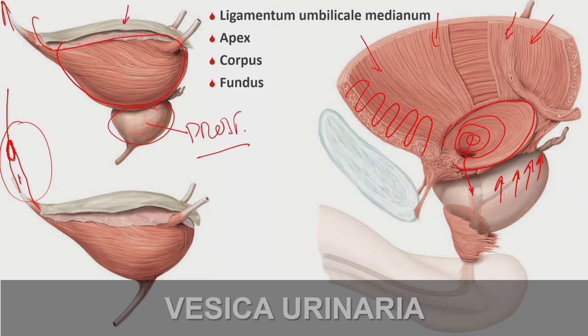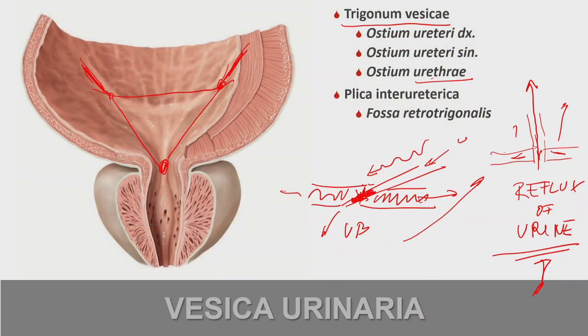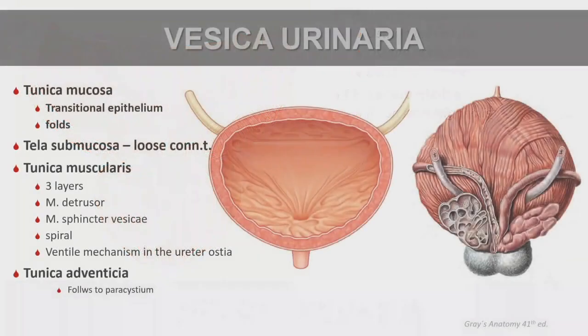Preperitoneal space is here, and on the surface of the urinary bladder we can see adventitia and then paracystium, and over paracystium is a peritoneum. So the peritoneal coverage is present on the urinary bladder, but it is not primarily covered by peritoneum. It's only secondary, because between them we have connective tissue.